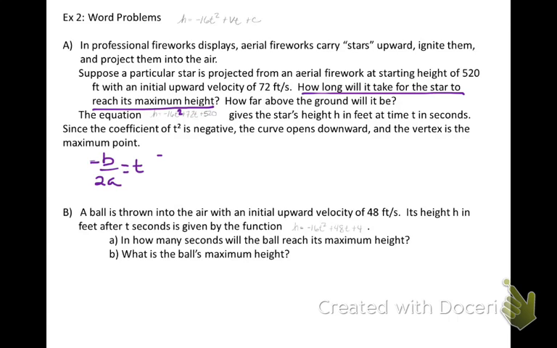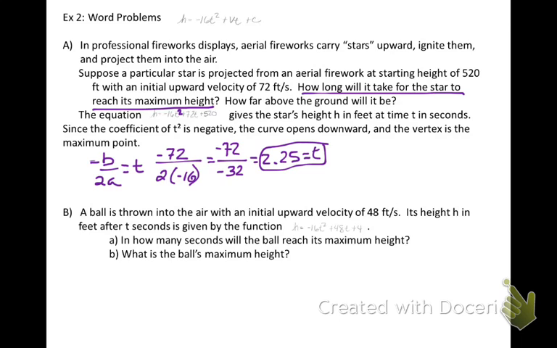So we're going to have negative 72 over 2 times negative 16. So negative 72 over negative 32, which is 72 divided by 32, 2.25. That's our time. That's how long it took. So that's our t. That's one answer.